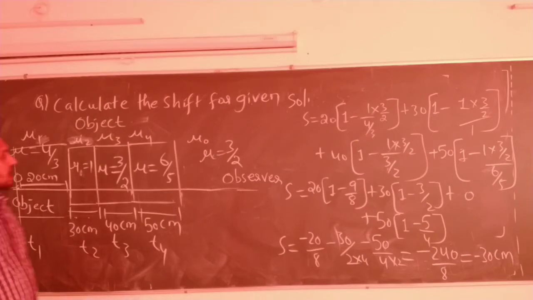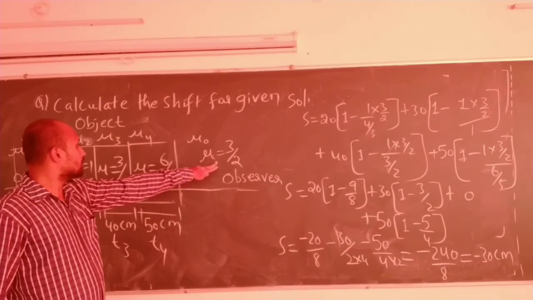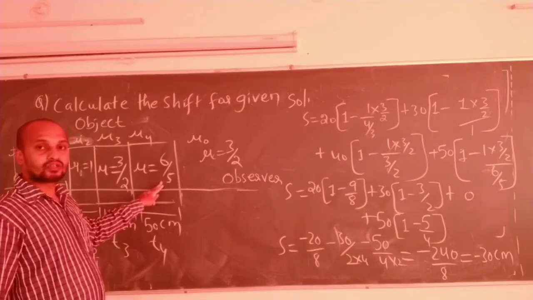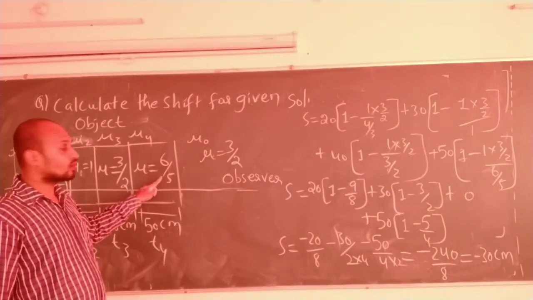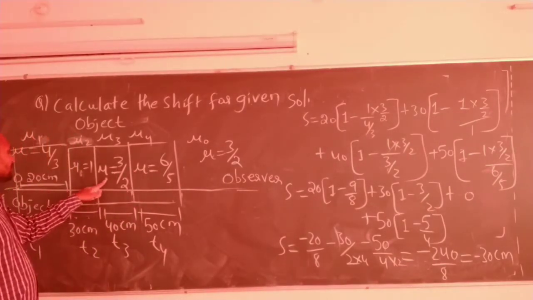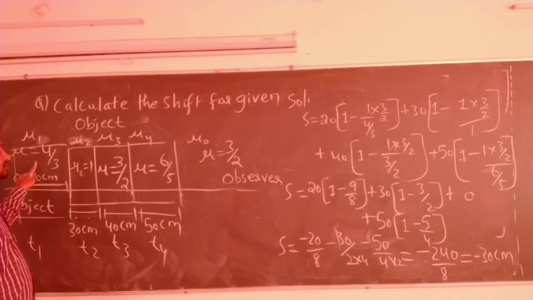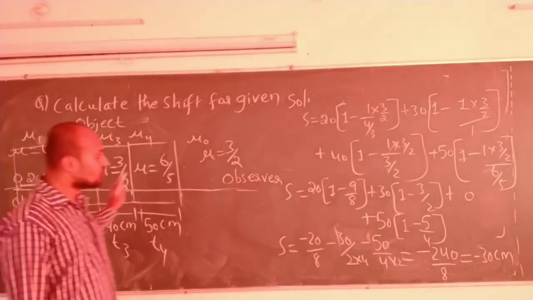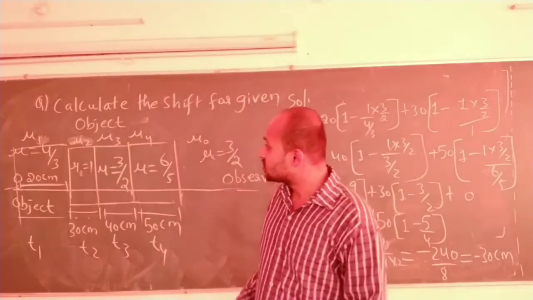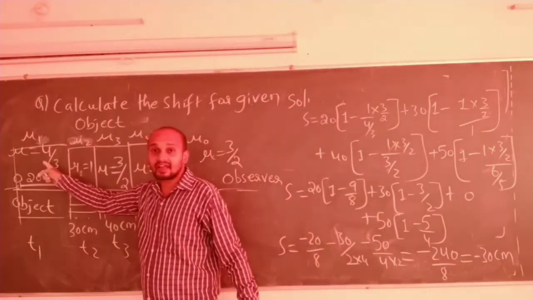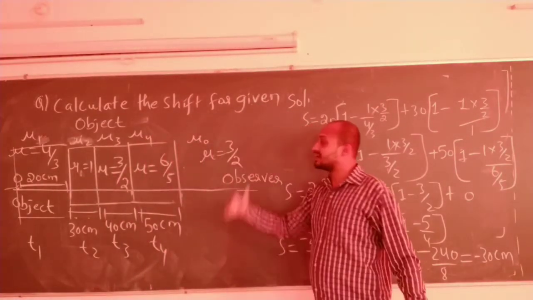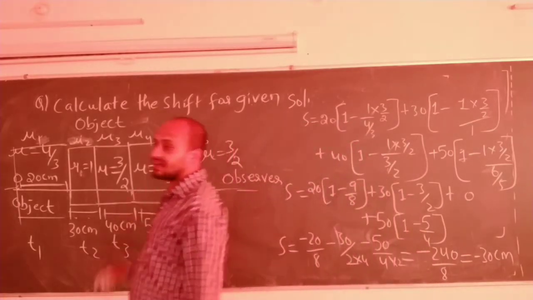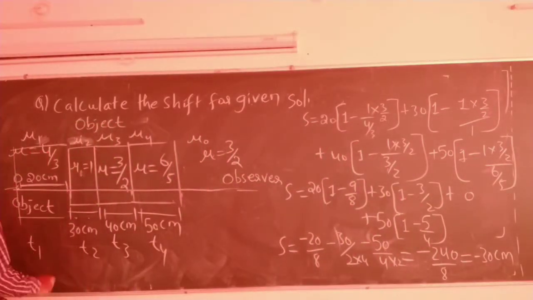See here, observer is 1.5. This is how much? 6 by 5, that is 1.2. 1.5, this is how much? 1.3. So one thing you can observe, the object is in rarer medium, the observer is in denser medium. When observer is in denser medium, object is in rarer medium.